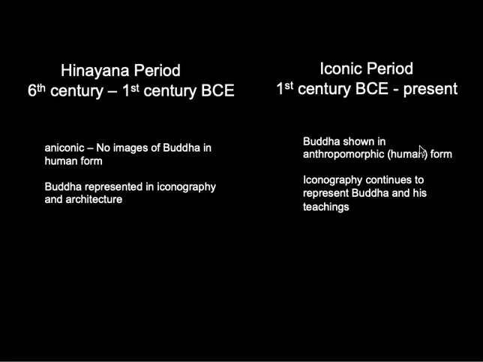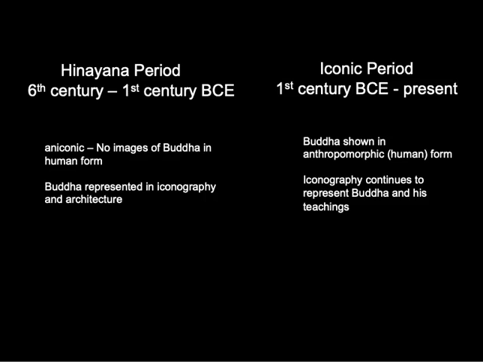The reason for avoiding human representations of the Buddha in those early centuries may have centered on the fact that Buddha had lived 550 lifetimes before he achieved nirvana. And nirvana is that liberation from the cycle of karmic rebirth. So Buddha had lived 550 lifetimes and was now free of human form.